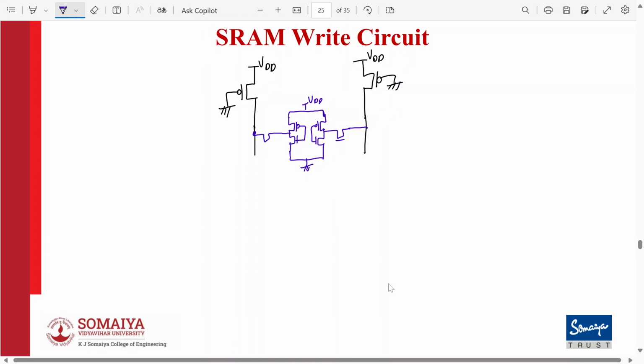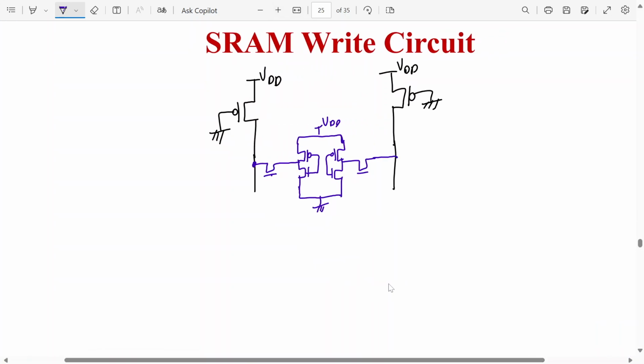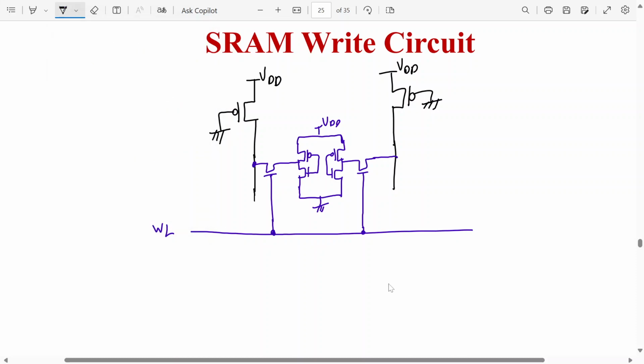Let me expand it a little. So this is the word line and these two are bit lines. These are columns actually.